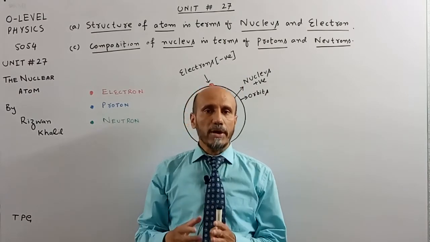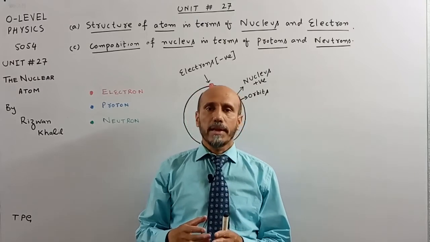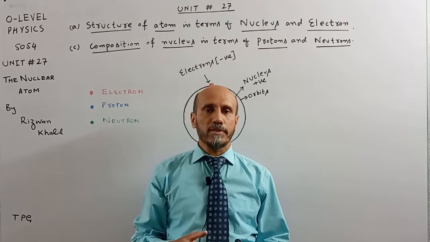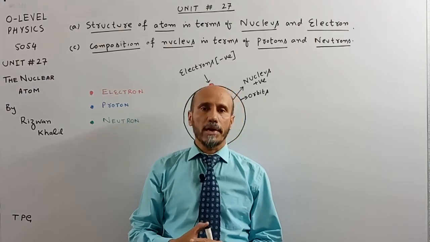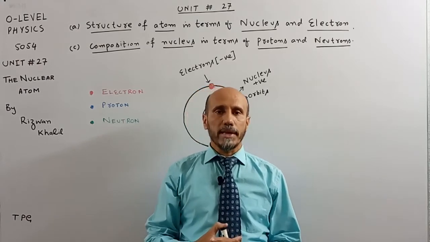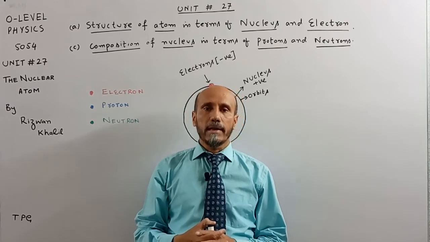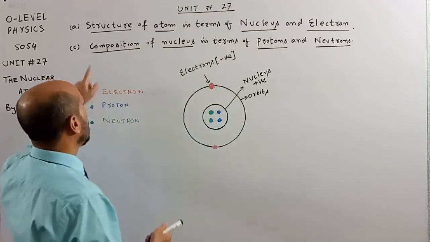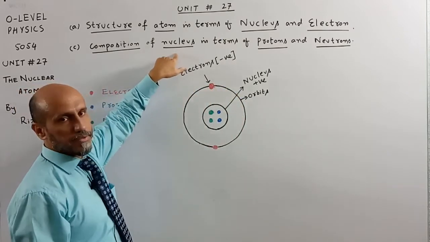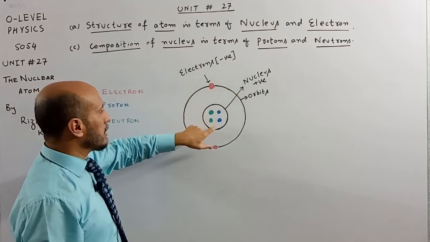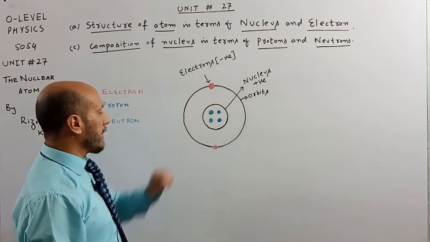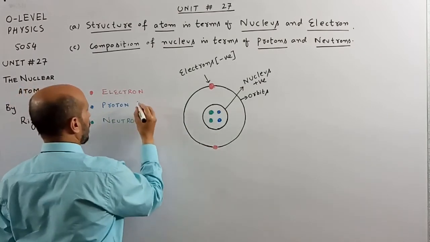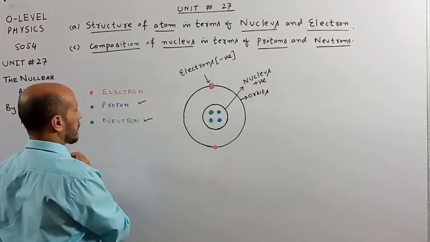So the central part of the atom is called the nucleus, and around the nucleus the particles which revolve in particular orbits are called electrons. The nucleus carries positive charge while electrons carry negative charge. Now we will see the composition of the nucleus. Basically, the nucleus consists of two particles, and these particles are protons and neutrons.